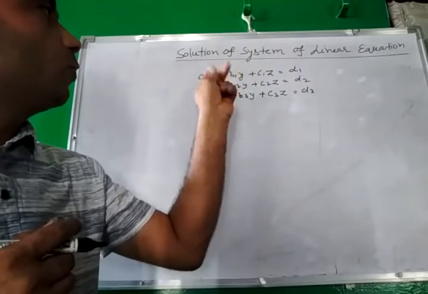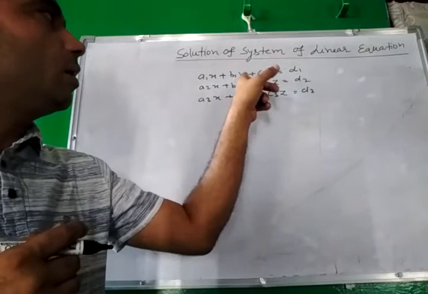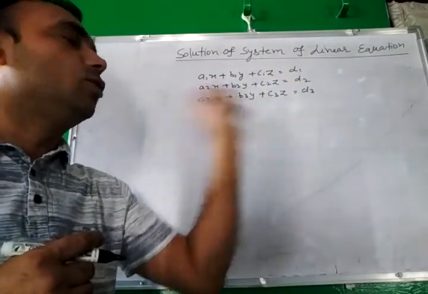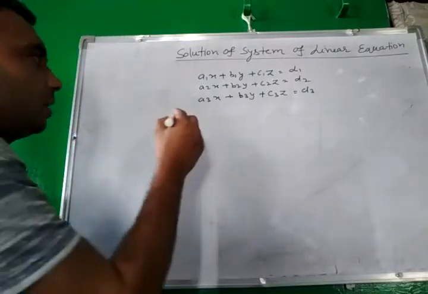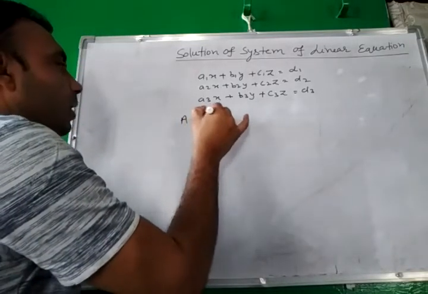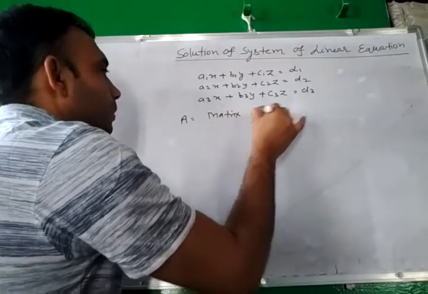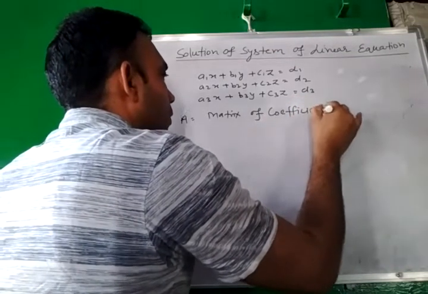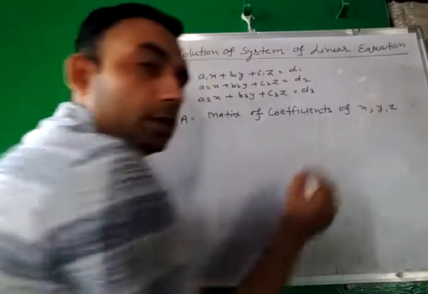Here the coefficients of x are a1, a2, a3. Coefficients of y are b1, b2, b3 and coefficients of z are c1, c2, c3. If I make a matrix of these coefficients, let this be matrix A, the matrix of coefficients of x, y and z.